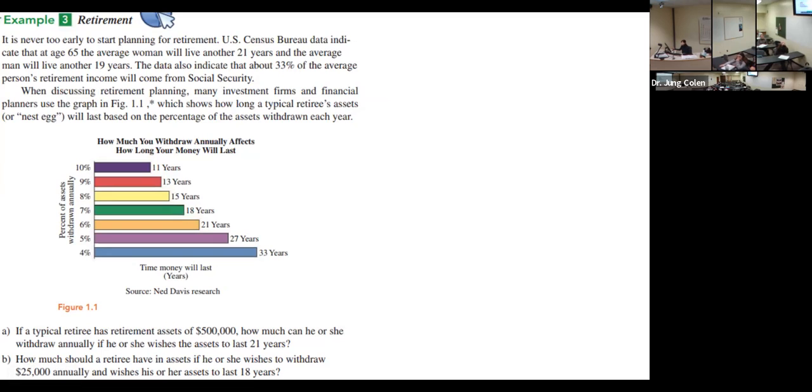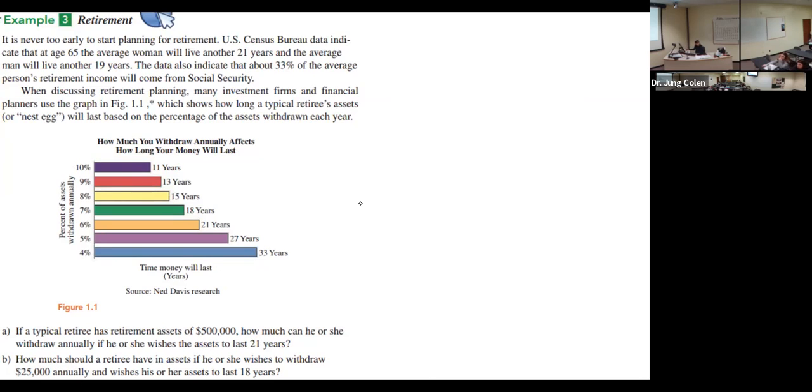When discussing retirement planning, many investment firms and financial planners use the graph here, which shows how long a typical retiree's assets will last based on the percentage of the assets withdrawn each year. So let's understand the graph first, okay? What does this mean? Here, the dark purple color.